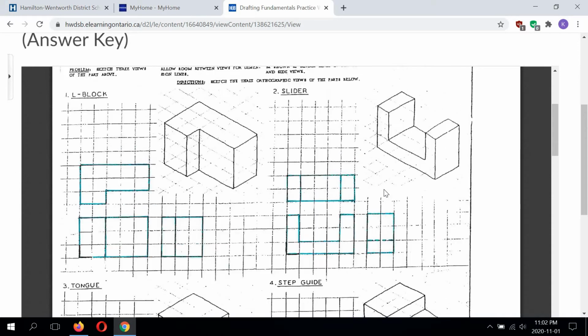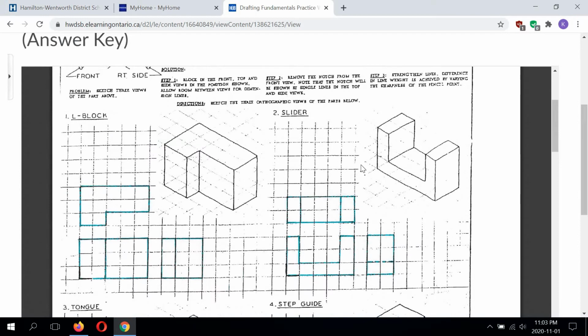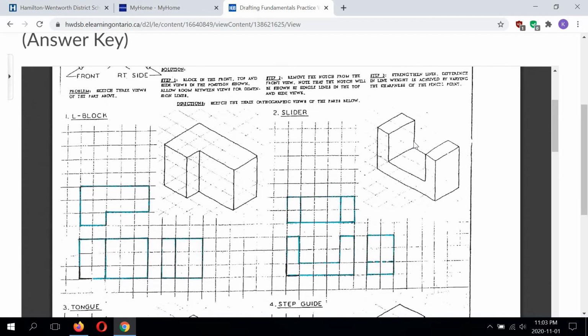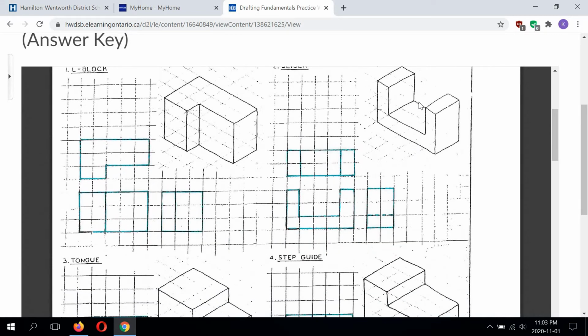And the same thing goes for the slider. Now, the slider will show you the hidden detail line. That is one square up from the bottom, and that would exist right here where my cursor is, because the inside of that slider is a slot, and the depth of that slot needs to be represented by a hidden detail line here.